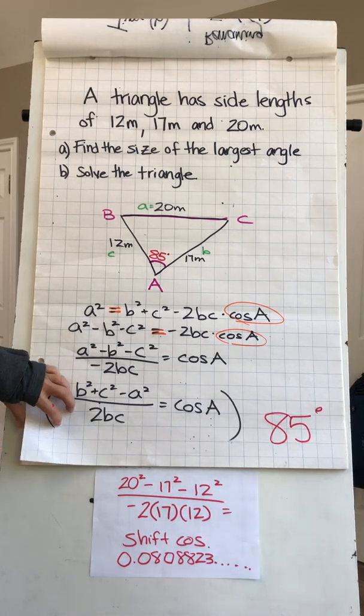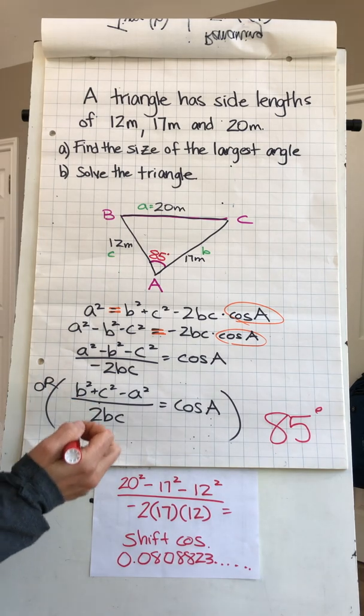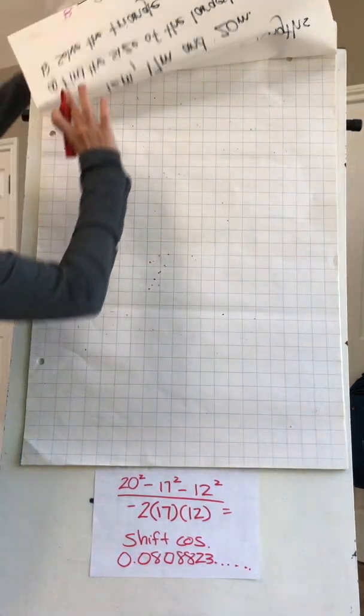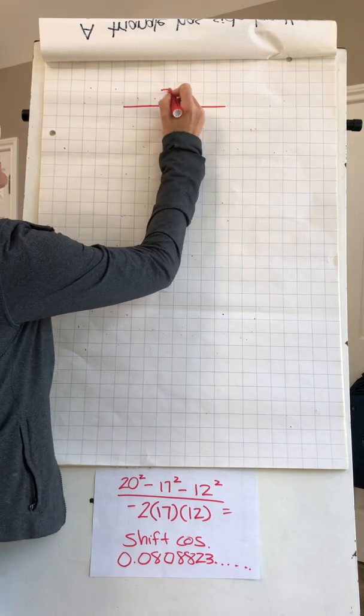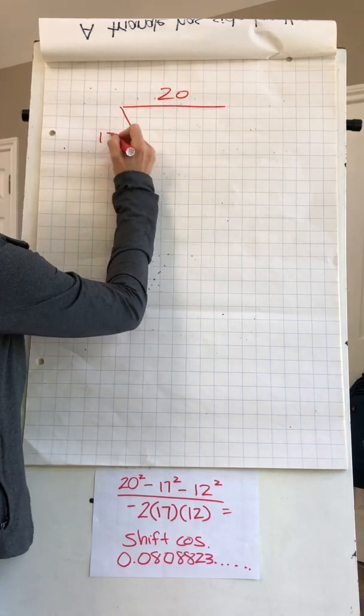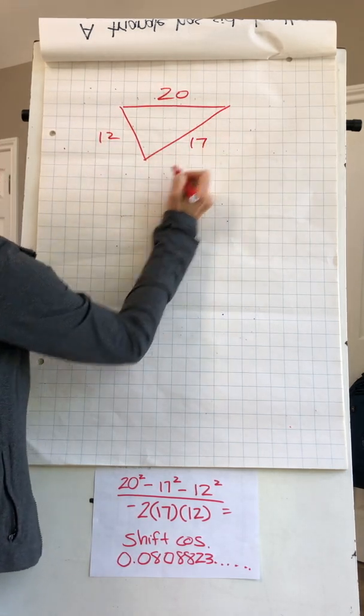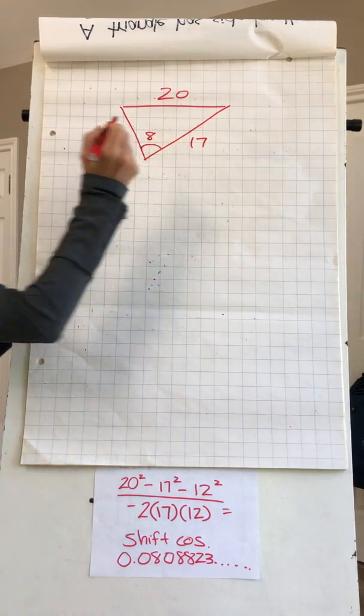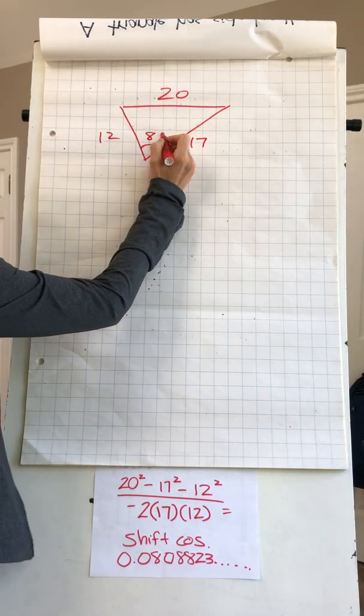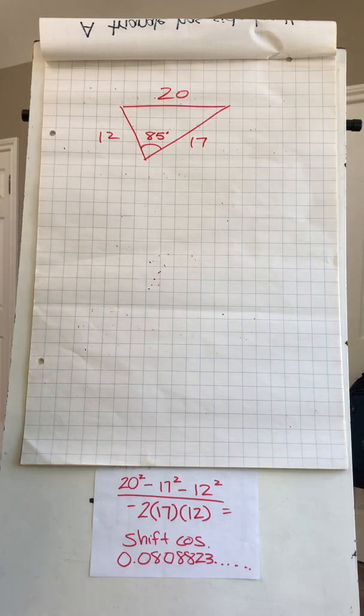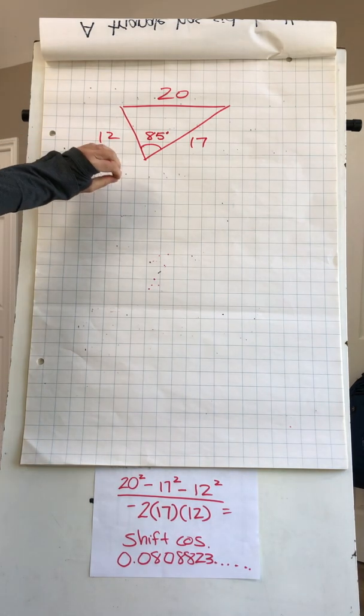So I'm going to get this down again. So we had 20, we had 12, we had 17, and we realized that this was 85 degrees. All right, so we have found the largest angle.